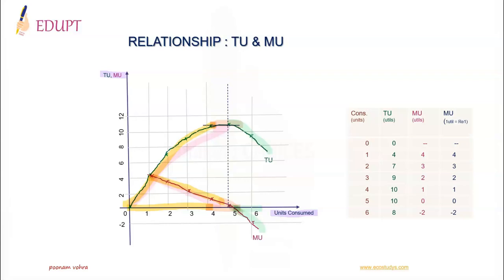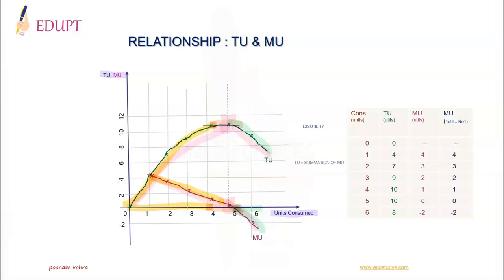And when marginal utility is 0, total utility is maximum and constant. And when marginal utility is negative, total utility falls. It implies that beyond the 5th unit, there is disutility.